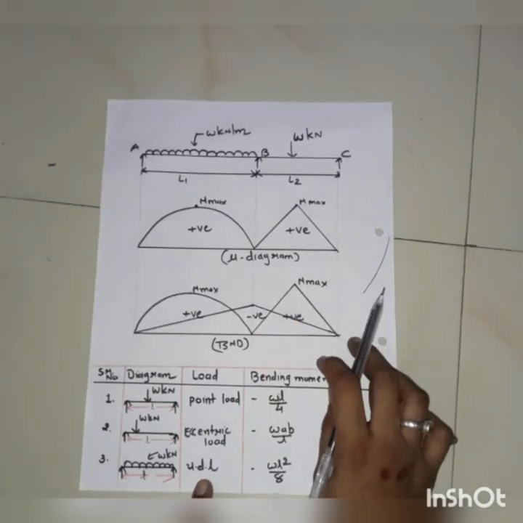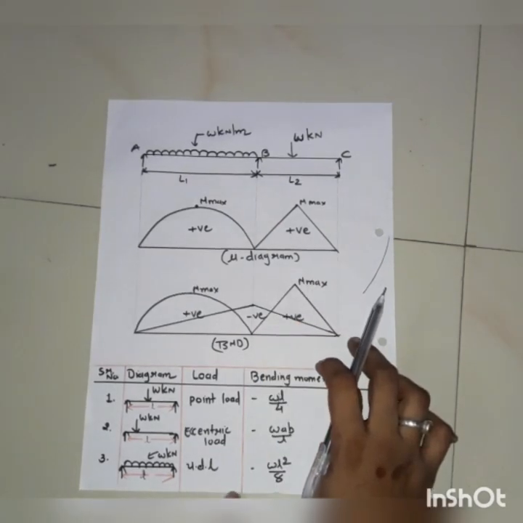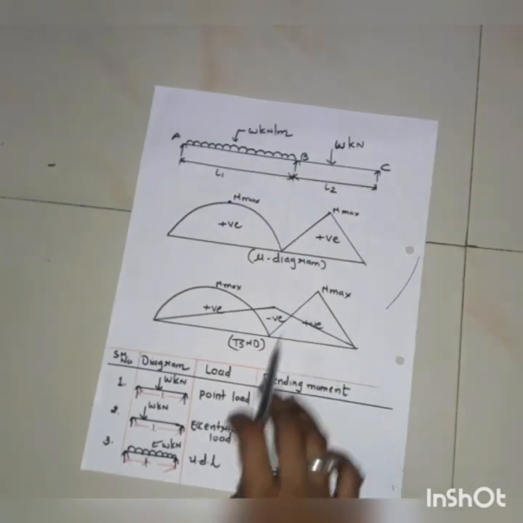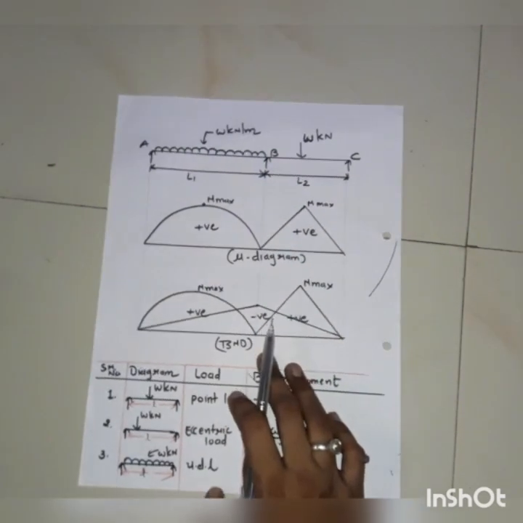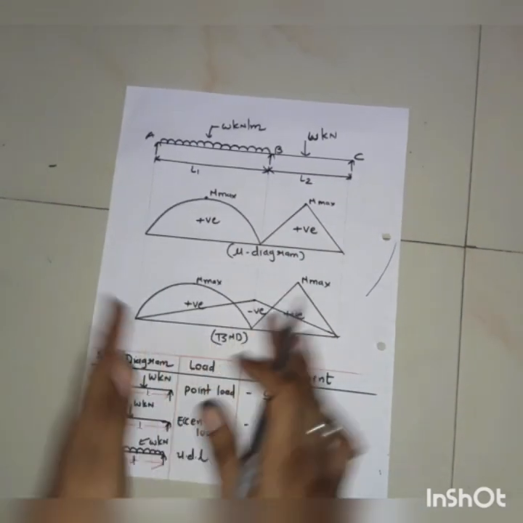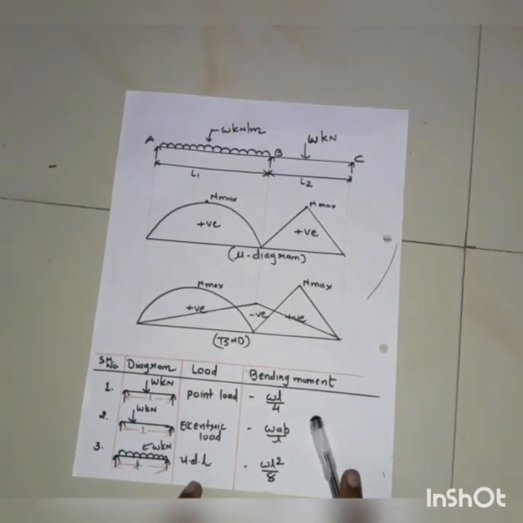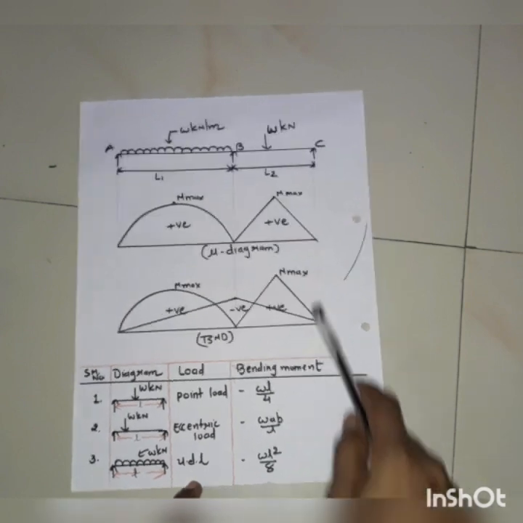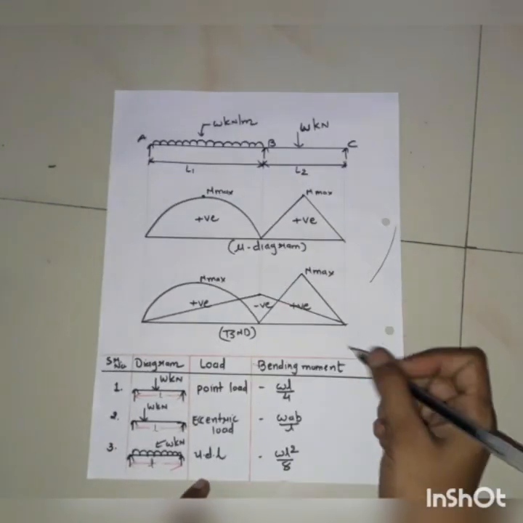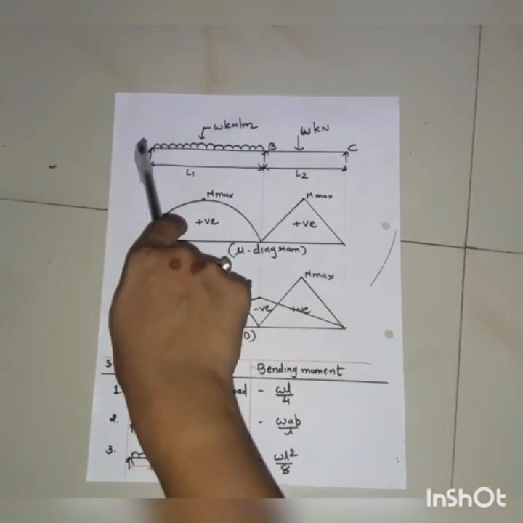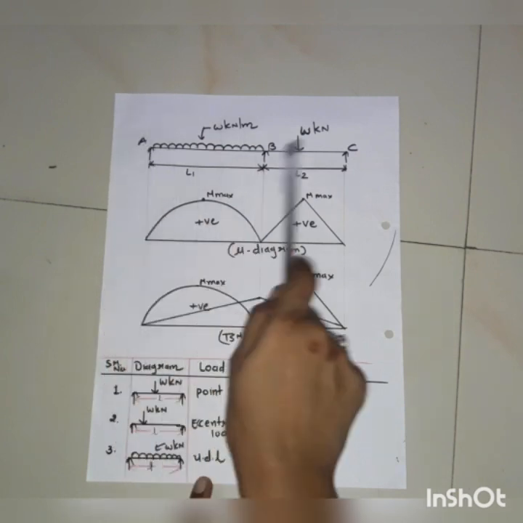In the previous video we discussed the Clapeyron theorem. Here is the method, or you can say the solution, of how to calculate an example of a continuous beam using the Clapeyron theorem or three-moment theorem. You can see the beam ABC.